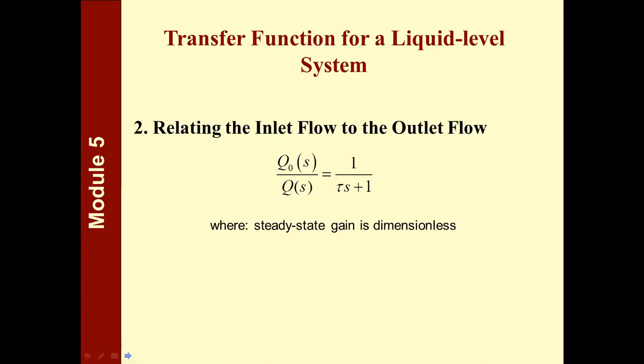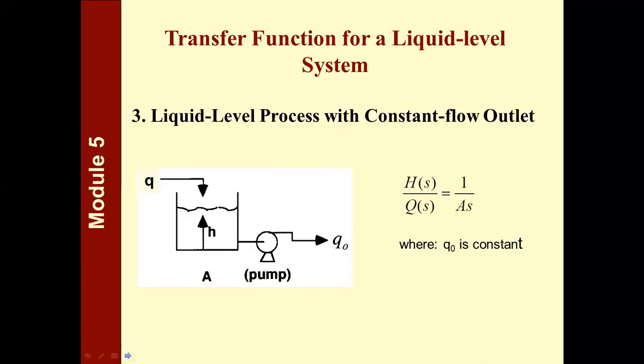Okay, now we also have another scenario for the liquid level system wherein the flow rate from the tank is regulated by a pump. In this case, there won't be any changes to it because the pump is set to deliver the volume of fluid you have set it to deliver. What I'm trying to say is that your Q sub O here is a constant.